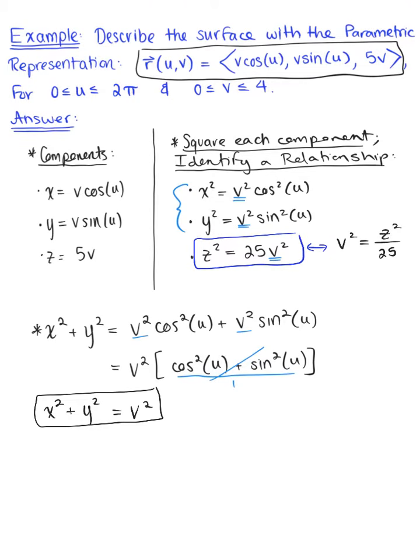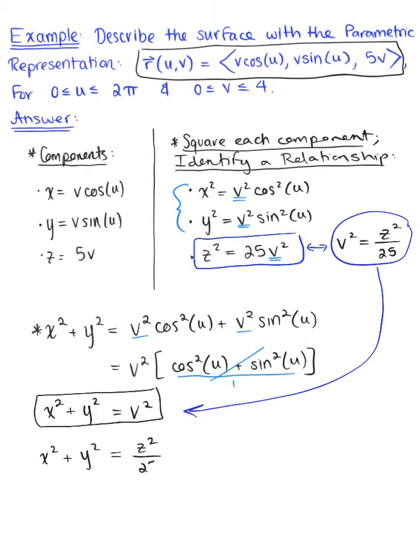Plugging this into what we just found, we have a full relationship between x, y, and z. This gives us x squared plus y squared is equal to z squared over 25.